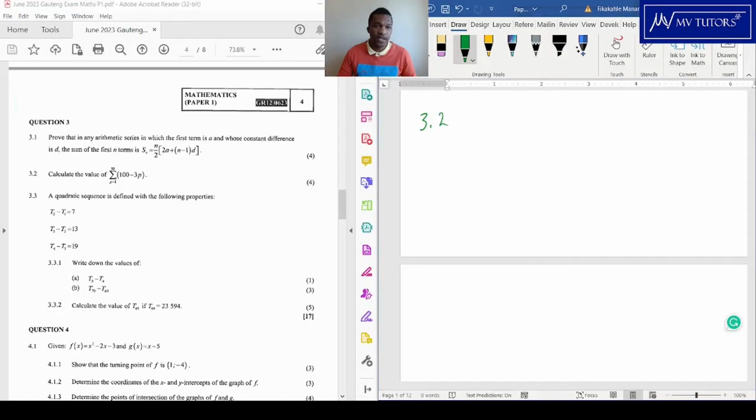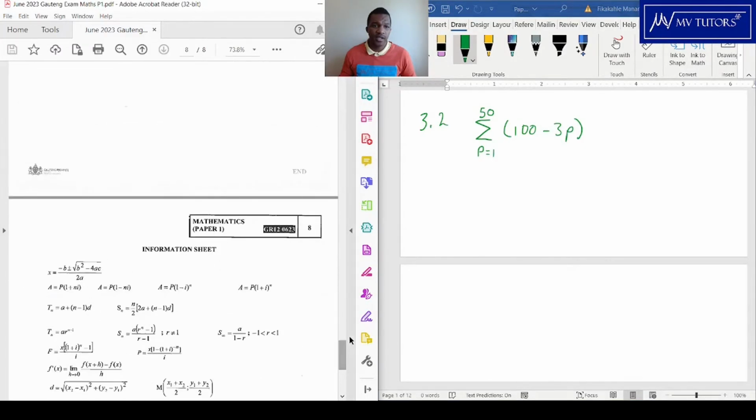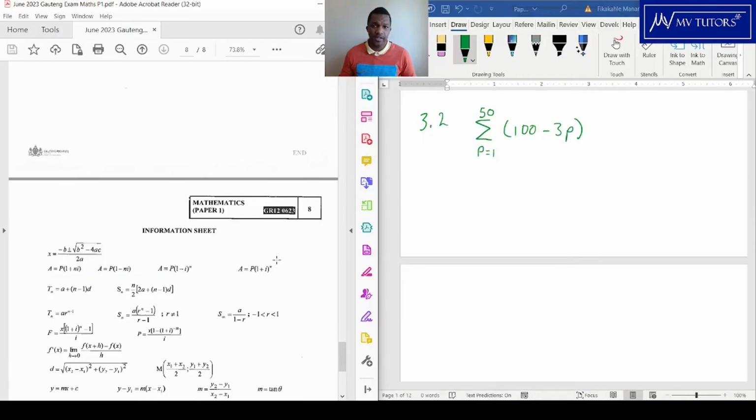Okay, let's do question 3.2 now. It says calculate the value of the sum where P is equal to 1 up until 50 on top, and then we've got the equation 100 minus 3P. Okay, this means sum. So let's go to our formula sheet and see what the sum formula is. And it's arithmetic.